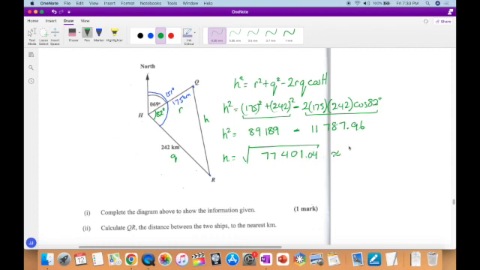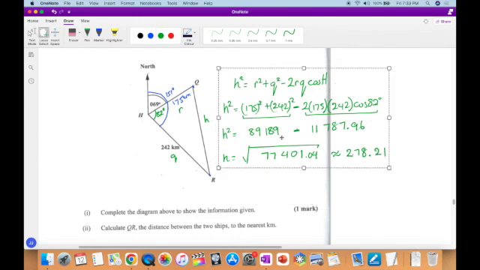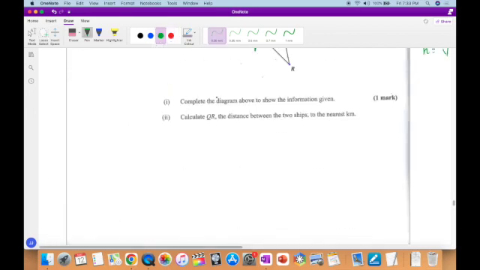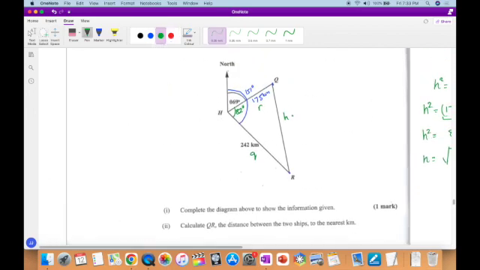And h turns out to be approximately 278.21. And so we will just include that in our diagram.